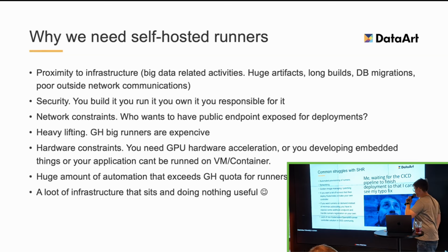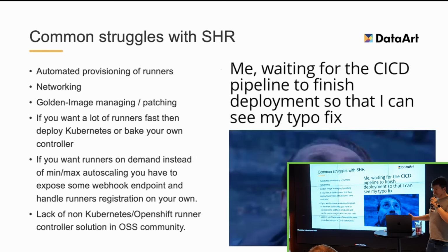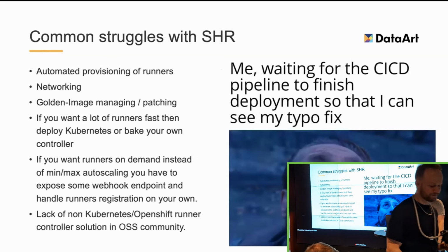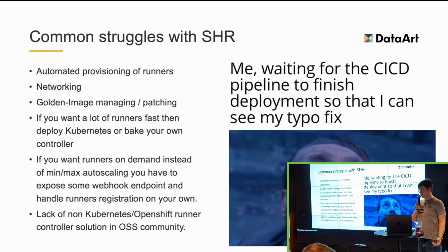And the common struggle here is, how can I provision that infrastructure automatically? For GitHub runners, it's plain simple. They are already there. They are auto-scaling. They have their own infrastructure for that. You don't control it. You just send the job in and it's picked up. For self-hosted runners, GitHub does not expose very useful mechanisms to register runners.